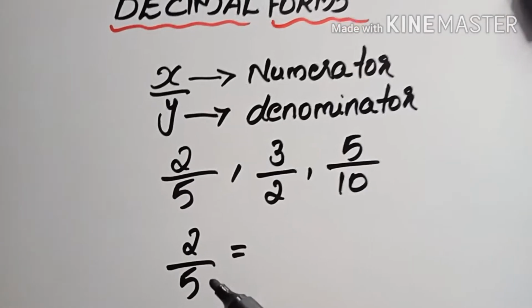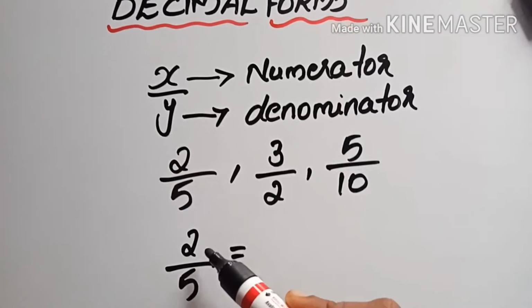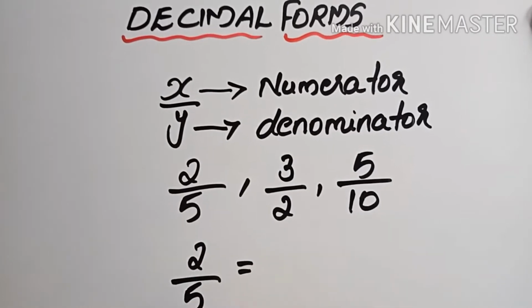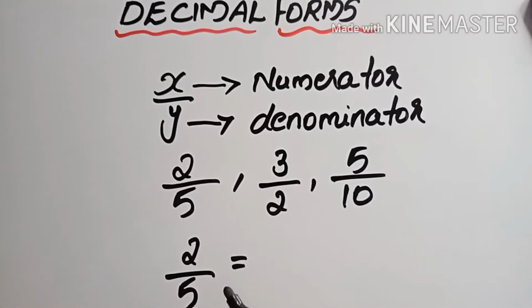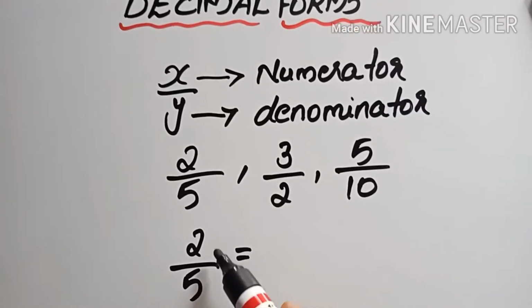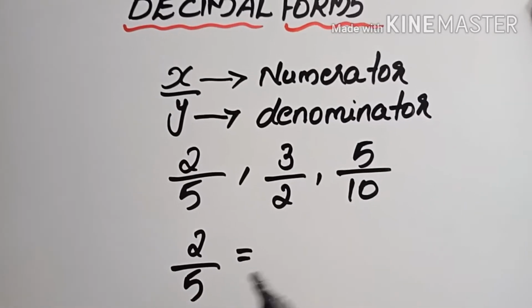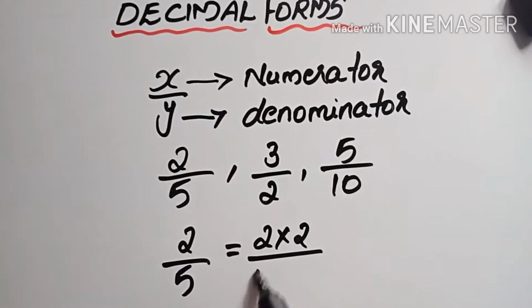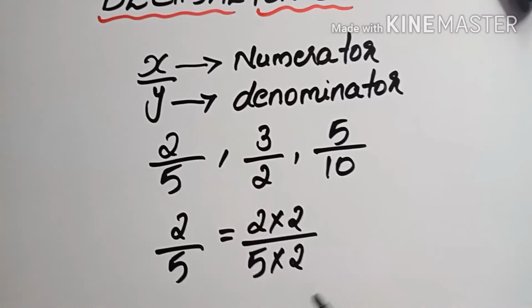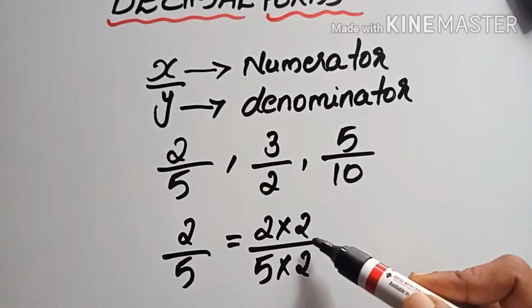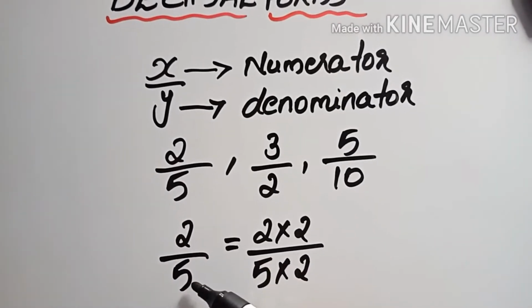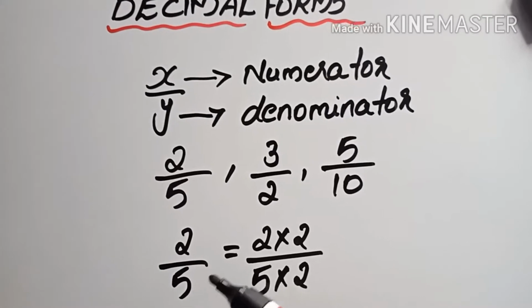For example, if we multiply the numerator and denominator with 2, we get 2 into 2 over 5 into 2. Whatever number we select, the same number you have to multiply with the numerator and the denominator. That is a speciality of fractions.